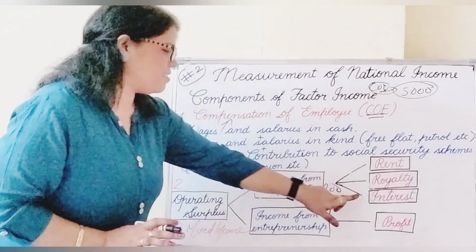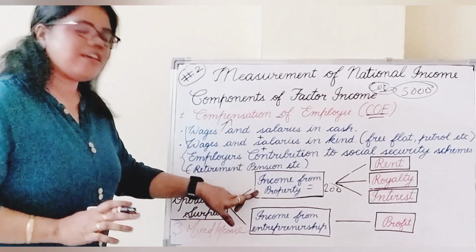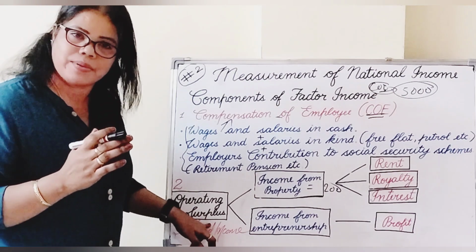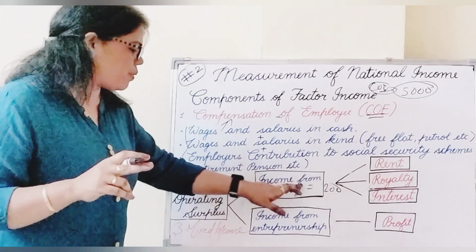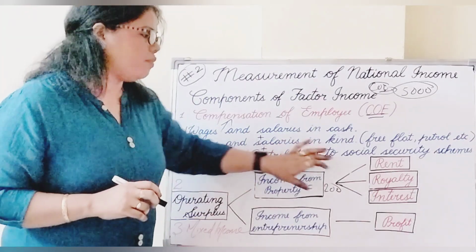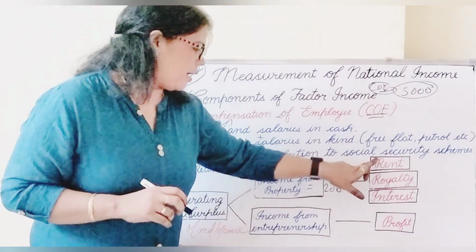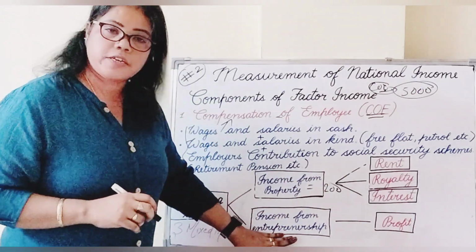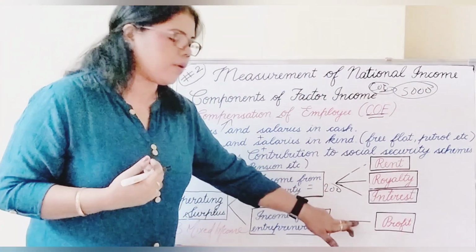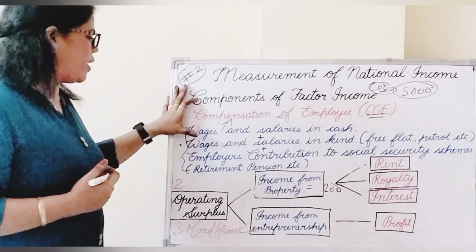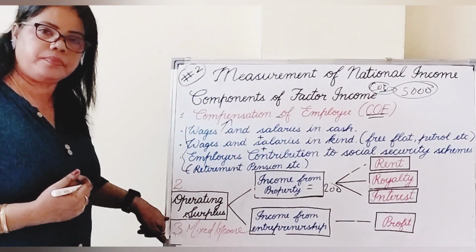So this is what interest is, and this comes under income from property. Operating surplus has two elements: income from property and income from entrepreneurship. From property, we get rent, royalty and interest. And from entrepreneurship, we will get profit. Understand? So this is the second component of income method.